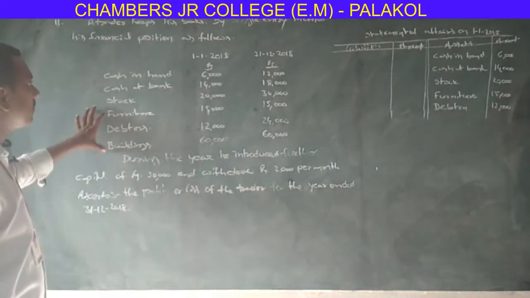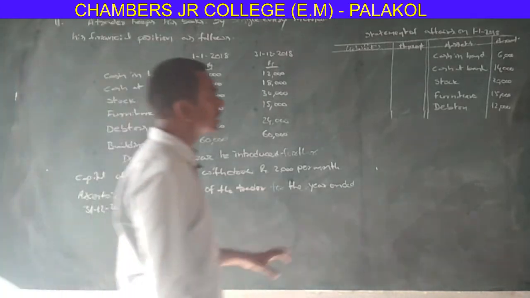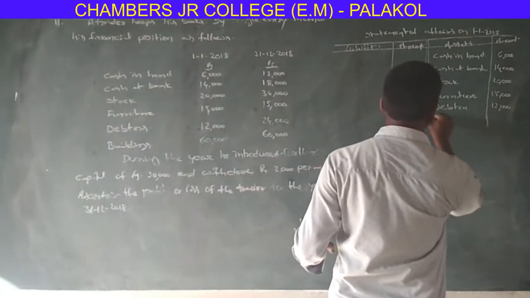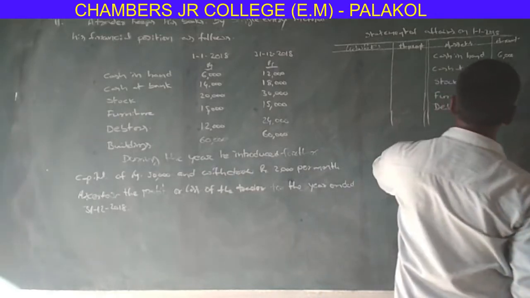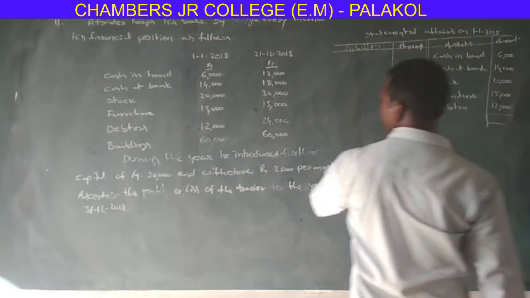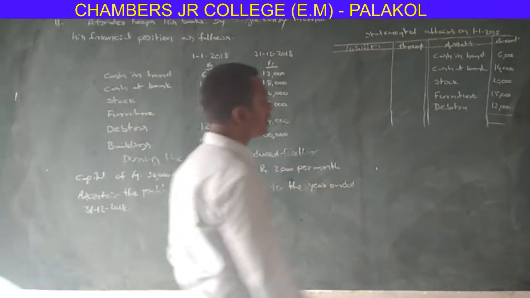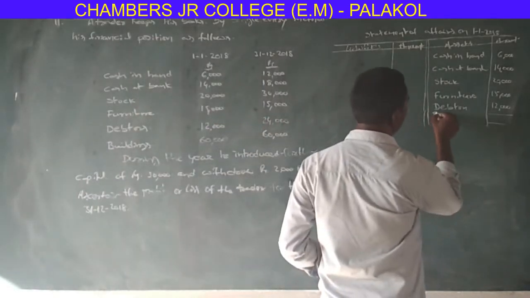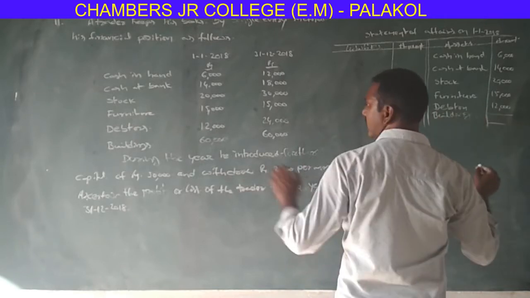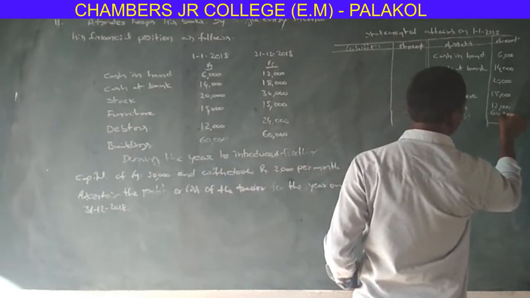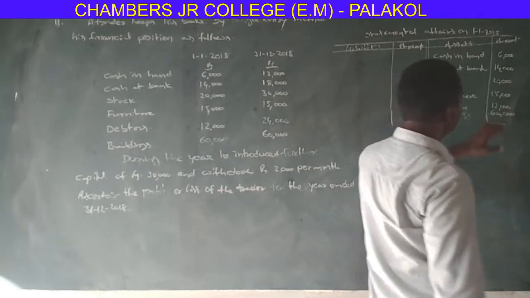These all are assets. No liabilities here. Okay, last one, buildings. Building is also an asset. Building, rupees 60,000.